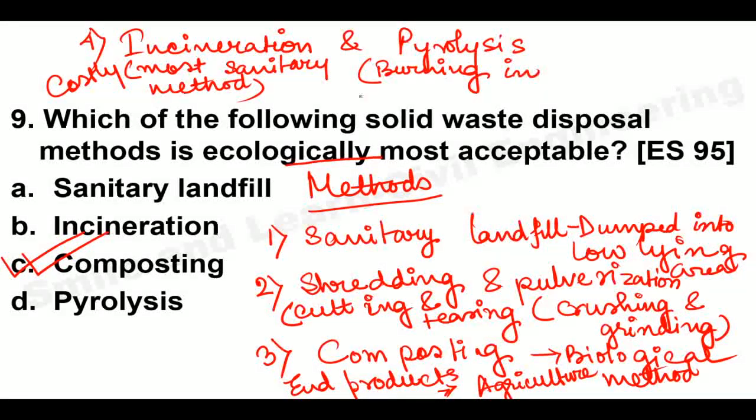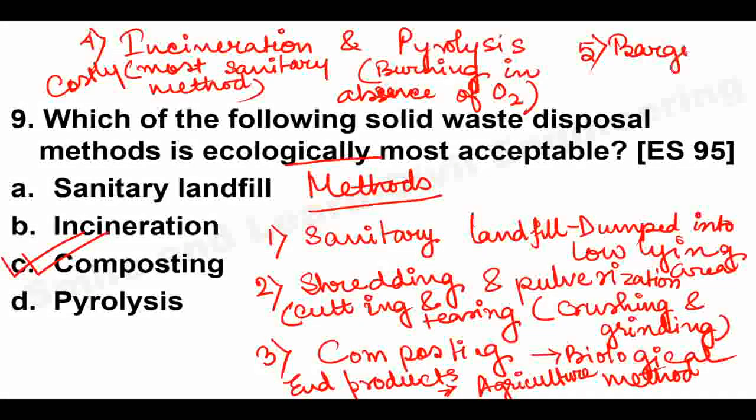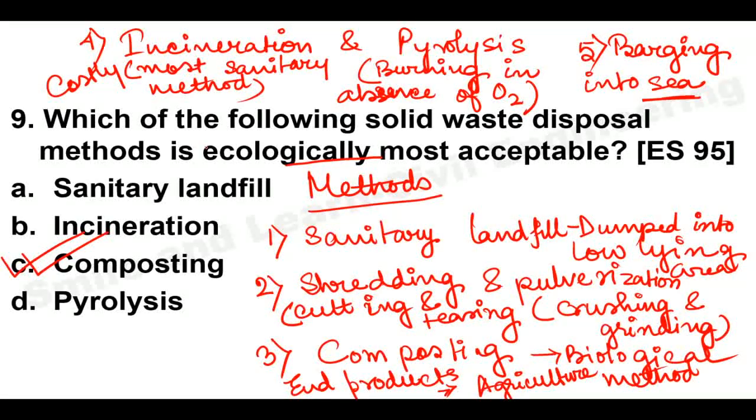The fifth and most unused method is barging directly into the sea. This is not adopted nowadays, because various environmental protocols and treaties have been signed regarding this. Barging into the sea is actually not done.